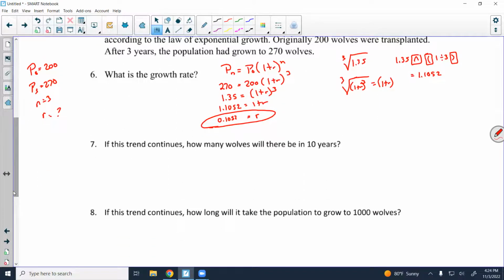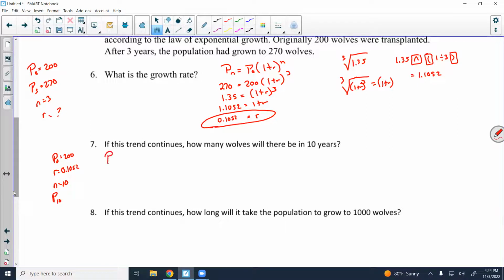Okay, so if this trend continues, how many wolves will there be in 10 years? So now I know P sub 0 is 200, R is 0.1052, N is 10. I want to find P sub 10.